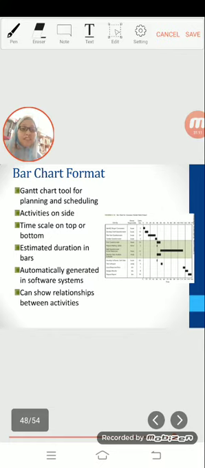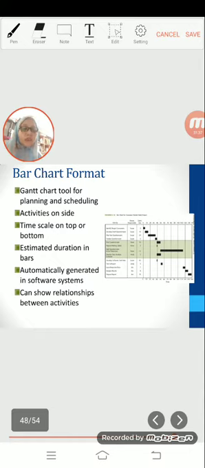Okay, as you can see in the Gantt chart on this slide, the activities are listed on the left hand side and there is a time scale along the bottom or the top. The estimated duration for each activity is indicated by a bar spanning the period during which the activity is expected to be accomplished.